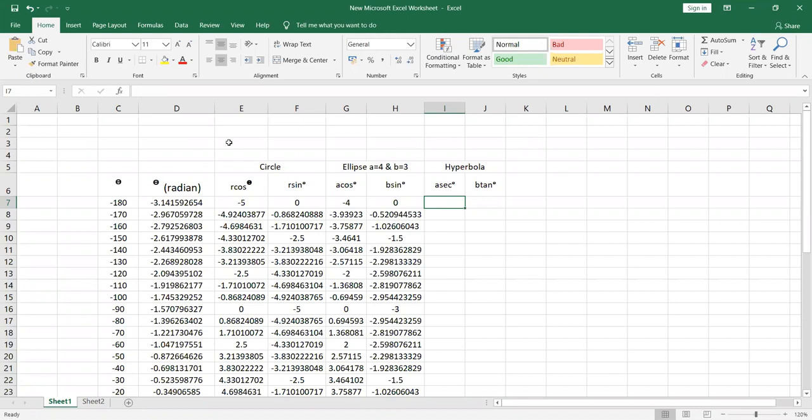So in the case of hyperbola also, a is equal to 4 and b is equal to 3. So a into 1 upon cos theta is nothing but a sec theta. Remember, sec theta is nothing but 1 upon cos theta.